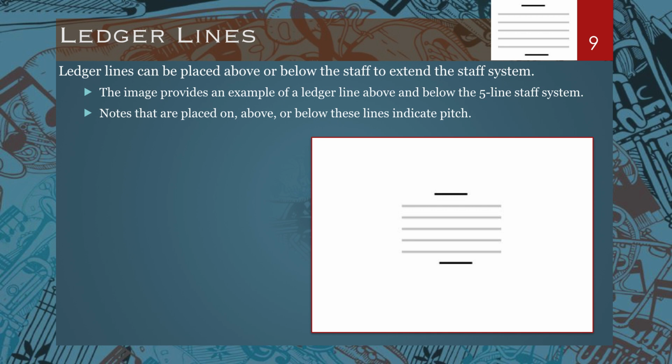As you can see, in a way, it's sort of an extension of the staff system. You just break up the bar line to show that it's separate from the initial 5 lines and 4 spaces of the basic staff system. So all you do is place notes on, above, or below these lines to indicate pitch. And you can have as many lines as you need to.